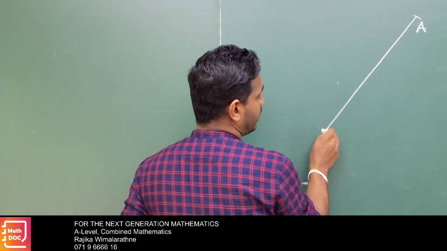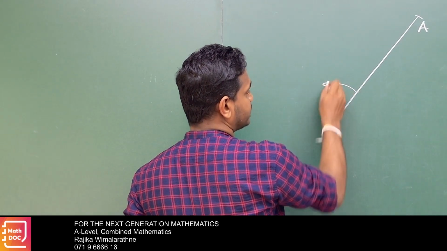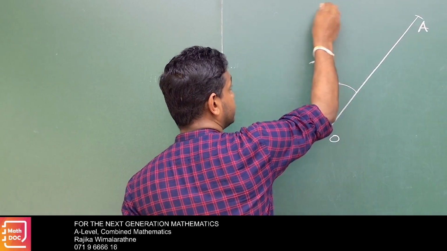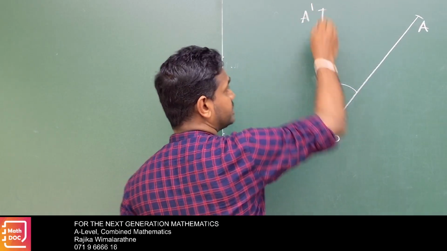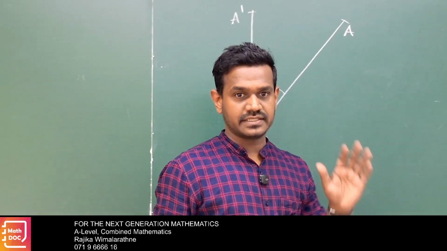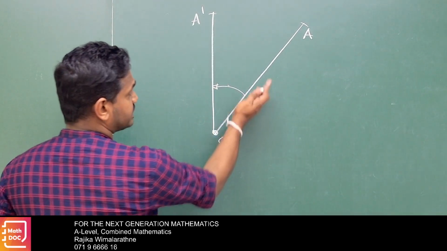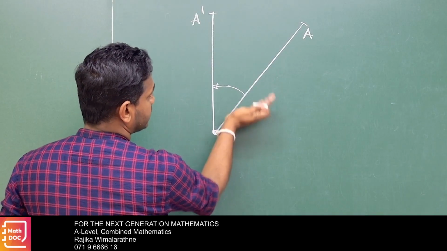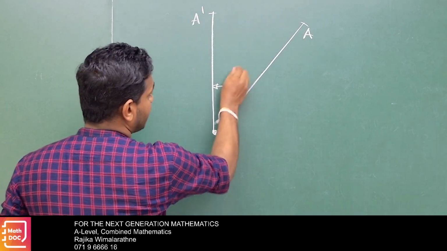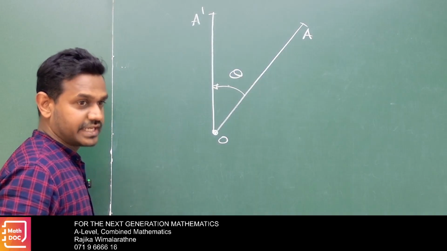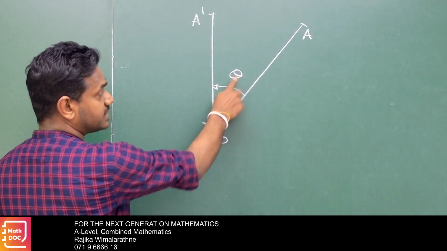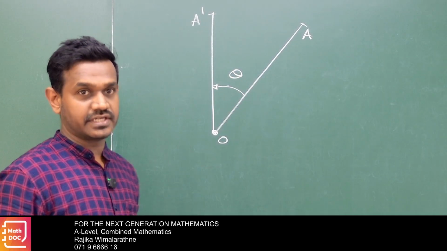About this O, the line segment is rotated to a second position, A dash. Between the initial and end position we can measure the portion of rotation, and we measure it by an angle. That is our definition of an angle.